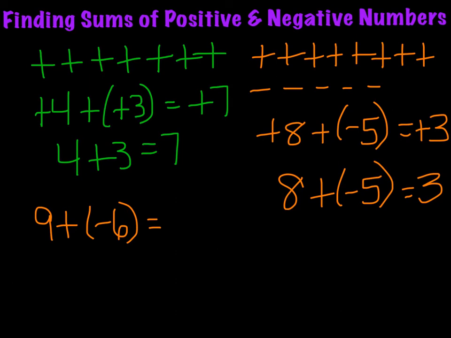First, I am going to draw 9 positive counters because I have positive 9 as my first number. Then I am going to draw 6 negative counters because negative 6 is what we're adding to 9.